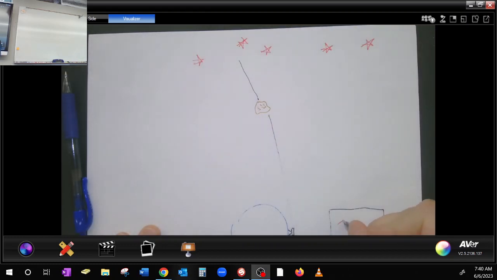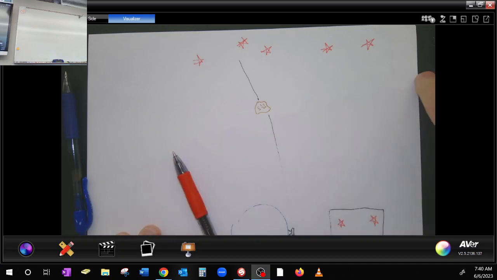So let's say that these stars, when we took a picture of it, looked something like this, all right? So this object will look like it's right here. All right, so this is from this telescope.